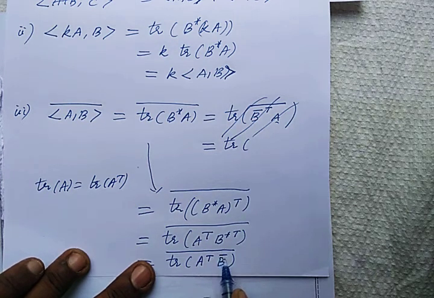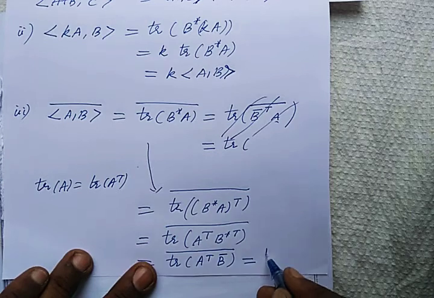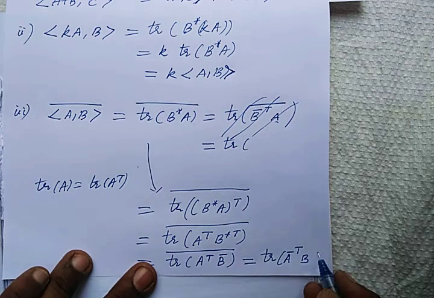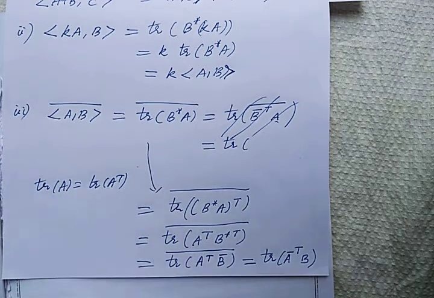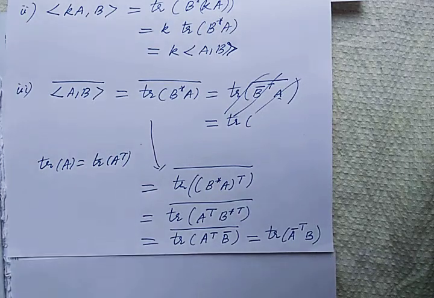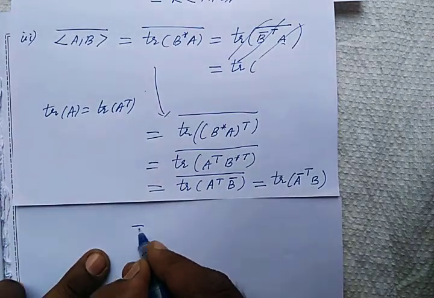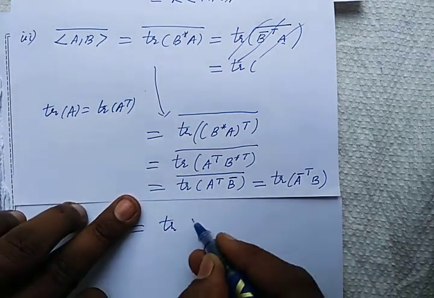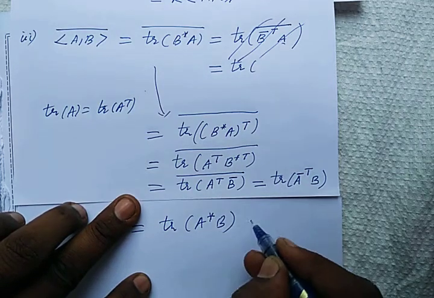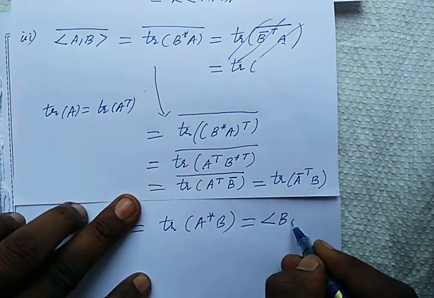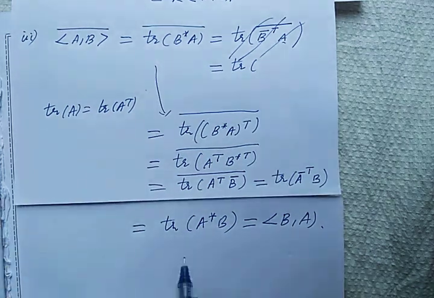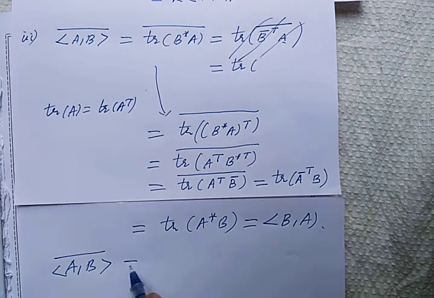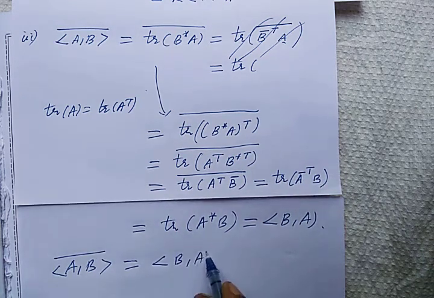If you take this bar inside, we get trace of A bar transpose into B. So this one is trace of A star B. This is equal to inner product of B comma A. So we have shown that the inner product of A comma B, the whole bar, is equal to the inner product of B comma A.